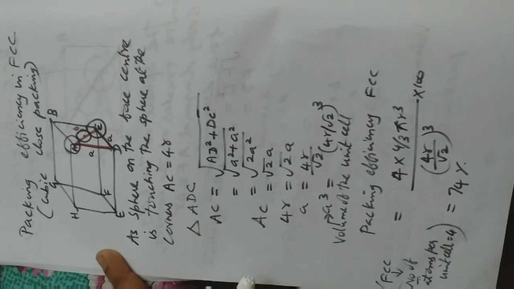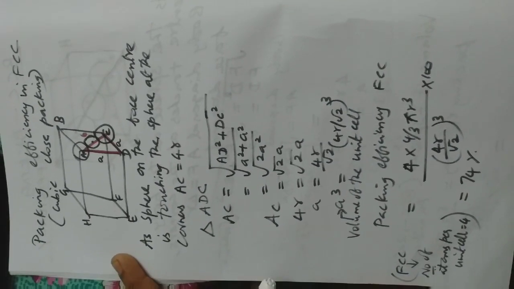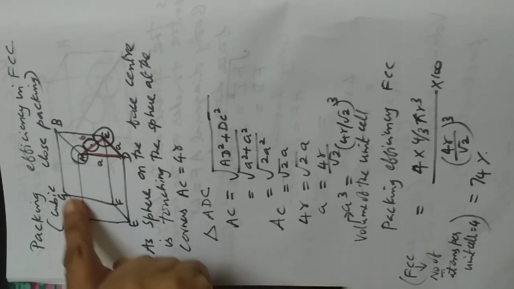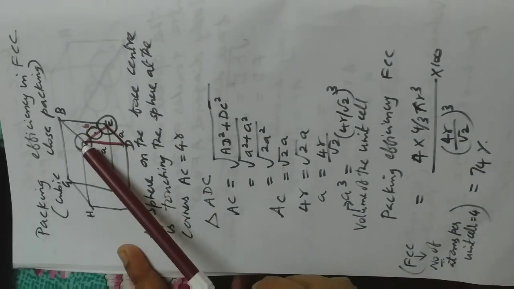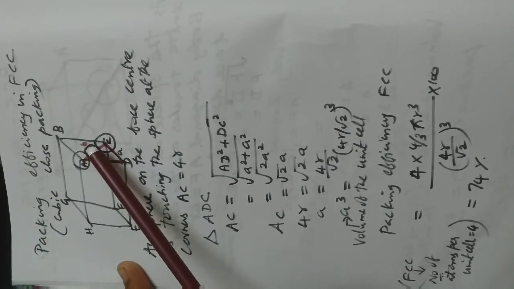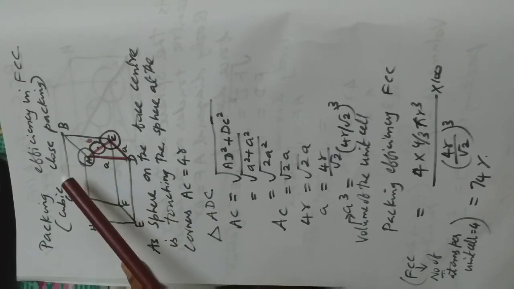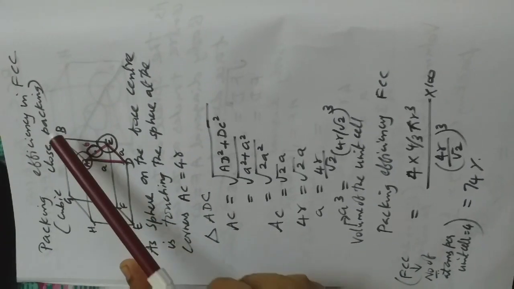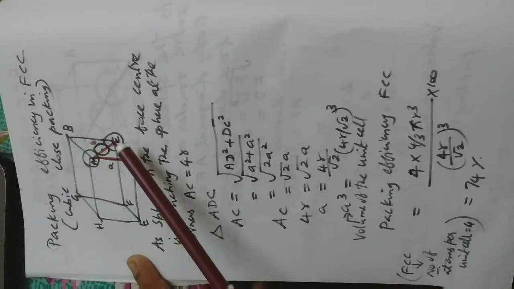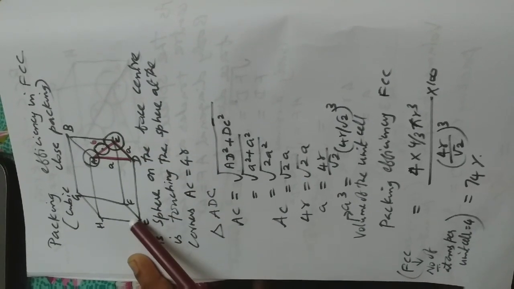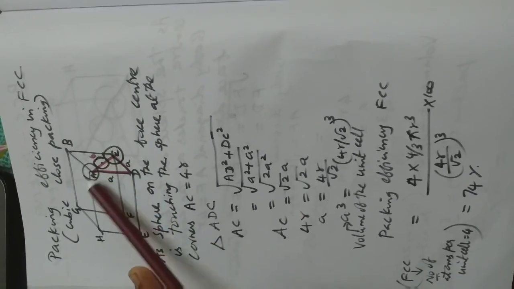Next, packing efficiency in FCC, that is, cubic close packing. I have drawn the cube, and the corners are occupied, as well as the center of the face, also occupied by a sphere. So a total of 6 faces are there, and the corners are indicated as A, B, C, D, E, F, G, H. Here the center of the face has one sphere, and the corners are also occupied by spheres.